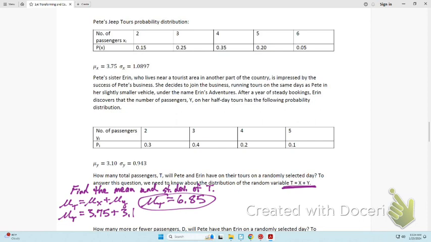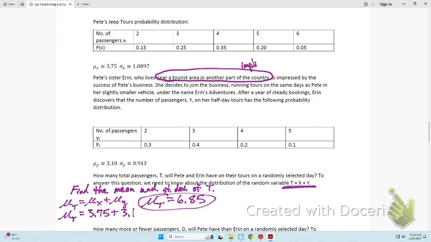Very simple. For the standard deviation, they have to be independent. So maybe skim the paragraph. Is there something that implies independence or dependence? Right there.